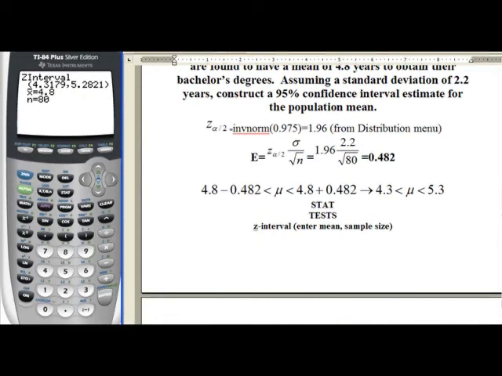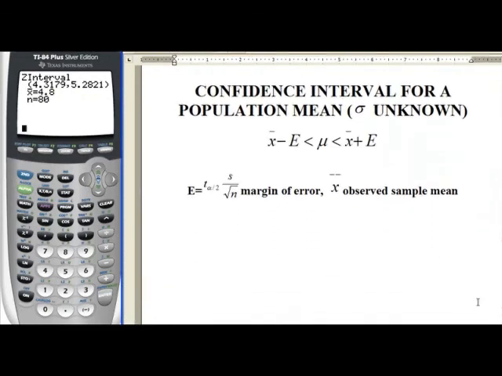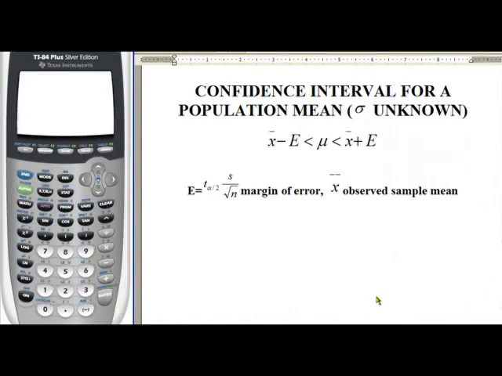You can also have another type of problem where you have no idea about what the standard deviation is. If that is the case, you're going to use this formula. Again, we are estimating the mu. This time, if you don't know the sigma, you have to use the t distribution, t alpha over 2.